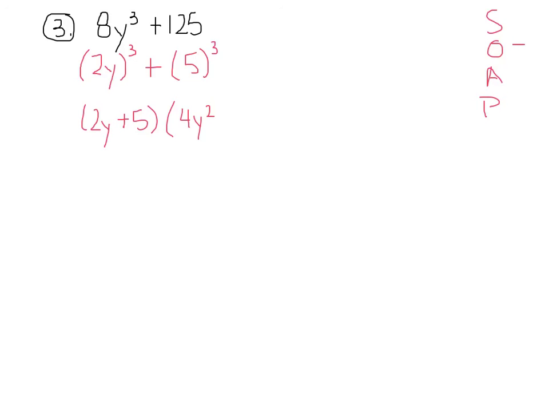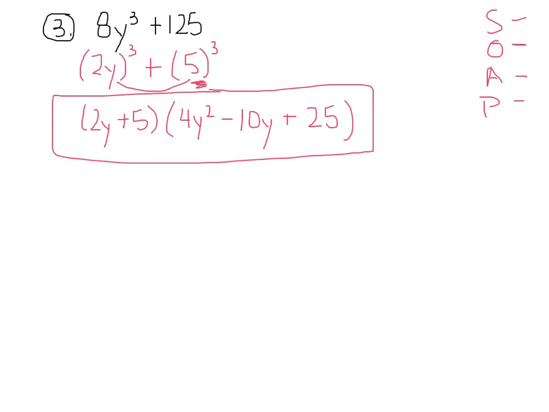And then opposite, so that's going to be a minus. We're going to multiply these two together, which would give me 10y. And then always positive would be a plus. And then I would want to do the 5 squared, which is 25. Okay, and that is your answer. Again, you could always double check it by multiplying it back together.